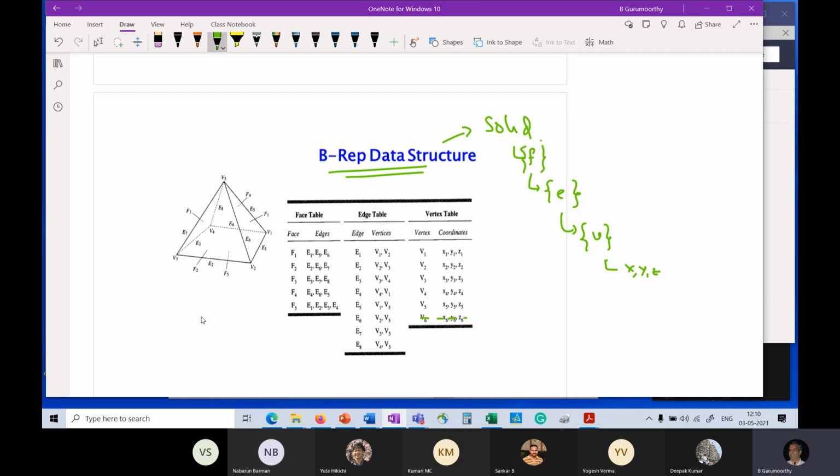As you can appreciate, you have to start by creating 5 vertices, connecting them in pairs to form the 8 edges, and then connecting them in rings to form these faces, right? So which means that you have 5 plus 8, 13 plus 5, 18 inputs to be given to create a part which is a square pyramid.